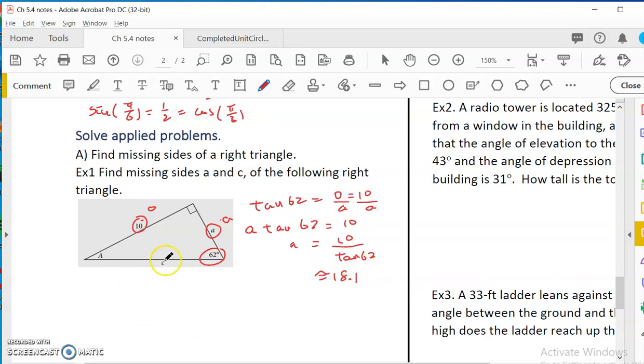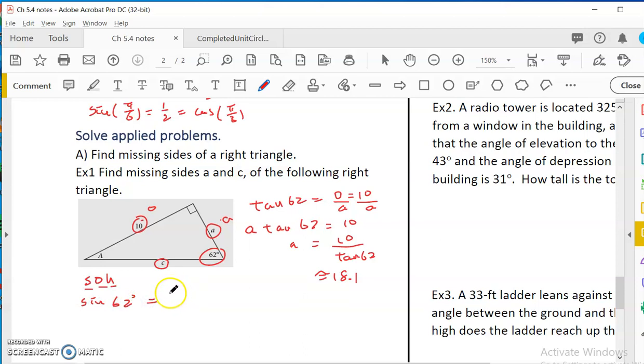Okay, so I'm going to solve for C now. For C, I do not use A to do it. I would still use 10, 62, and also C. So relative to 62, C is the hypotenuse. So OH, right? What is OH? It's SOH, right? So I would use sine of 62 to relate the two sides.